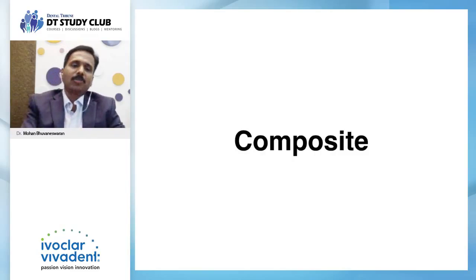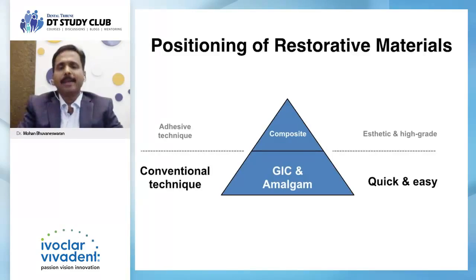So now, how do we position our restorative materials? We have the conventional ones, the quick and easy ones, I would like to call them: glass ionomer and amalgam. Not much work is involved. That's why we call it quick and easy. The next would be a high aesthetic, high grade restorative material called composite, which is adhesive.